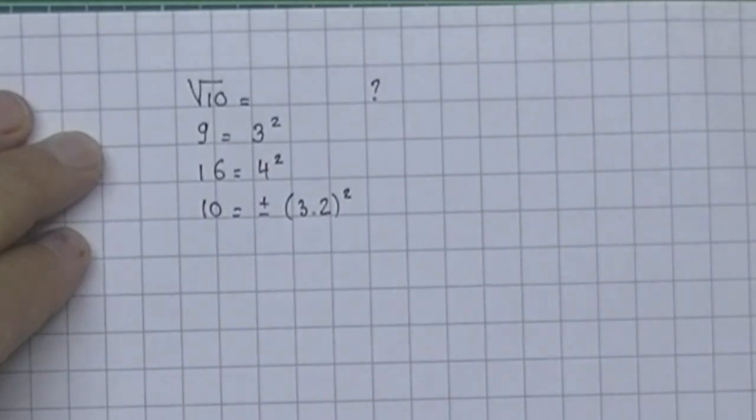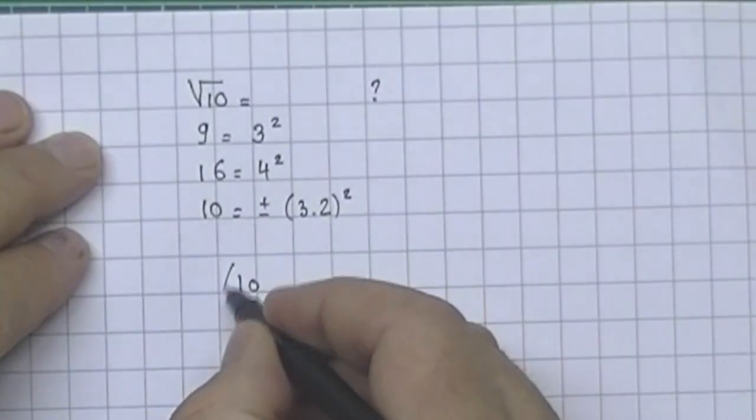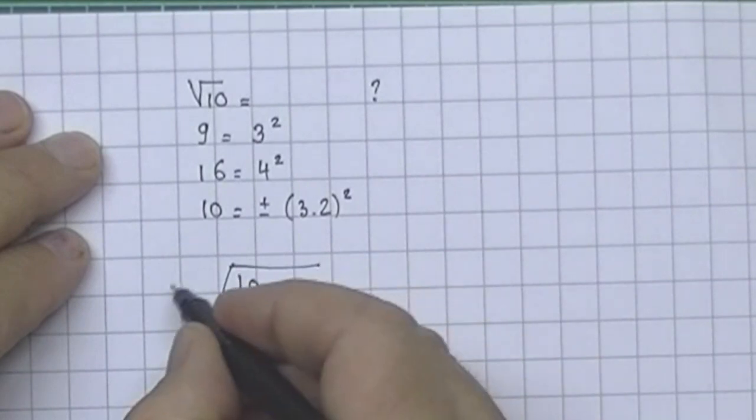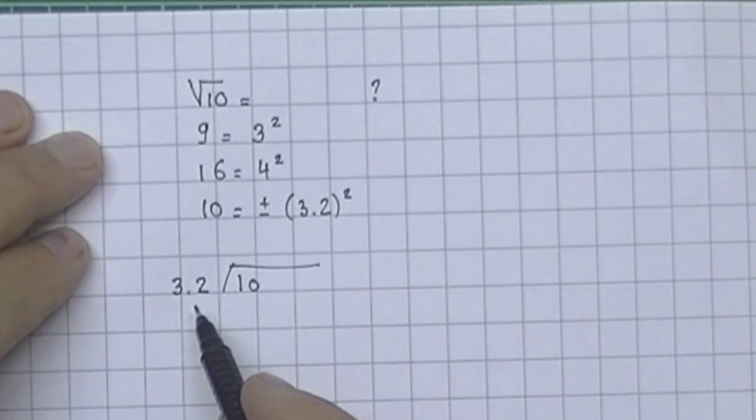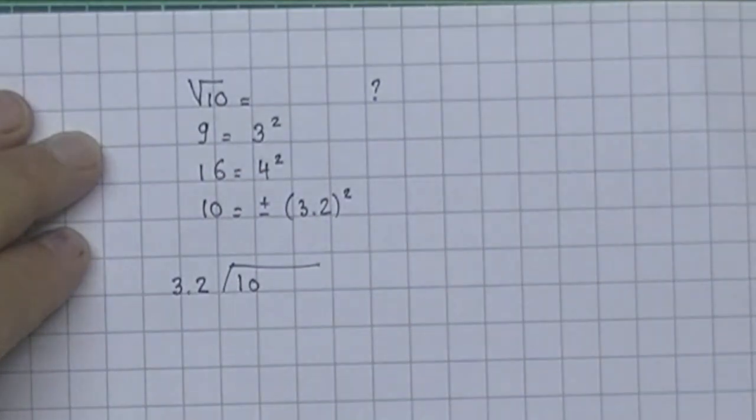So what I do is I take the number 10 and divide it by 3.2 and find what the answer is. Now, 10 divided by 3.2, we don't like to have a decimal point in the number that we're dividing by, so I'm going to multiply both numbers by 10.